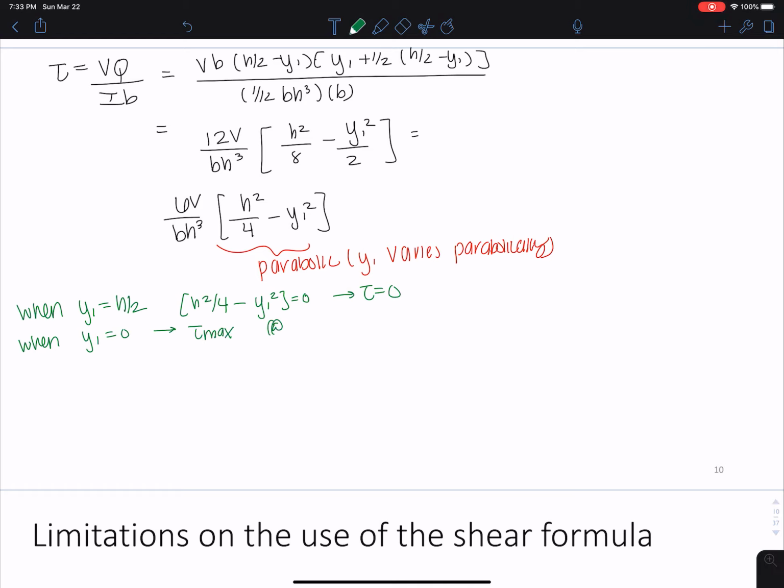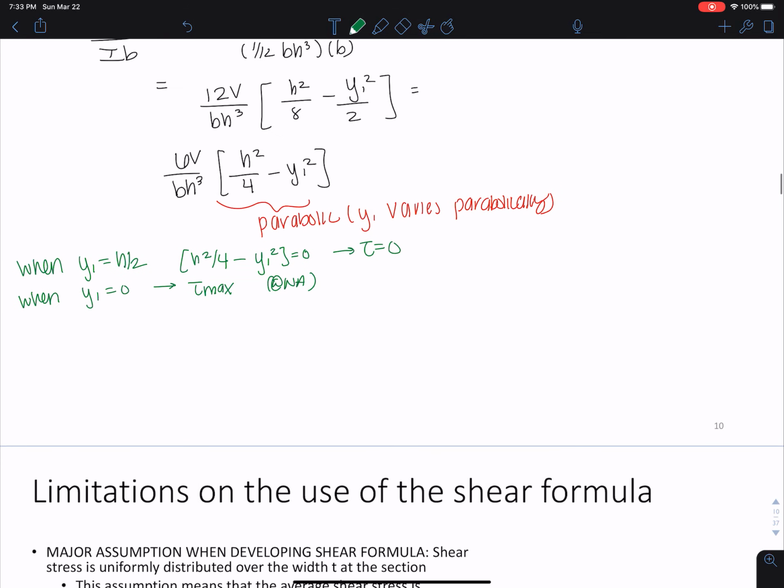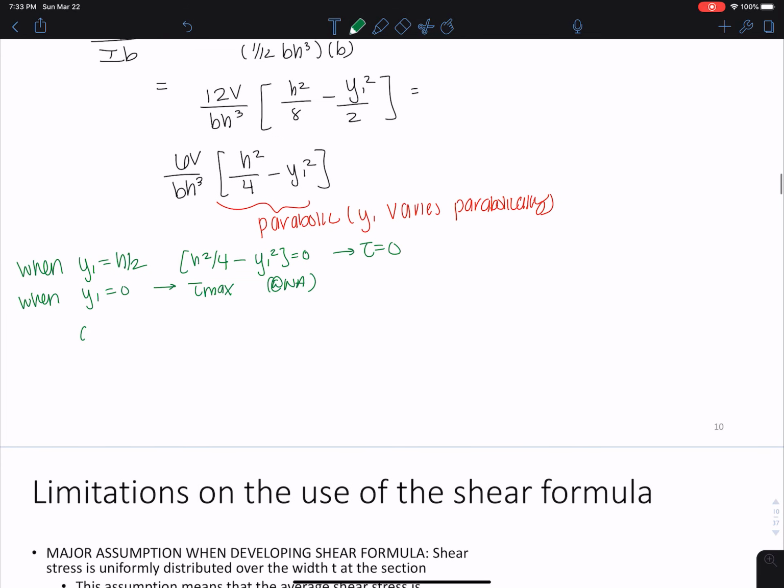This is at the neutral axis. Another way of doing this is to take the derivative. You can say d tau over dy1 equals 0, and solve for y1, and we'll get that place. So we'll do it in a couple of different ways.